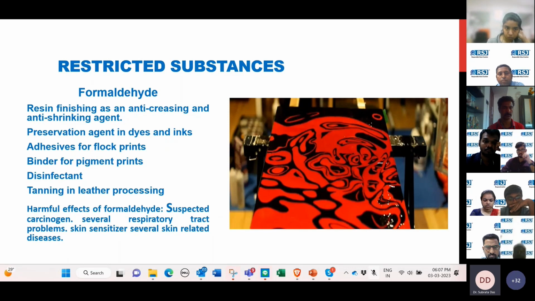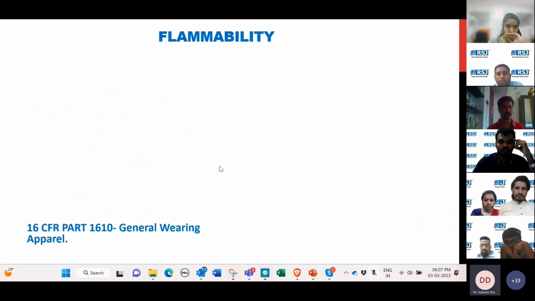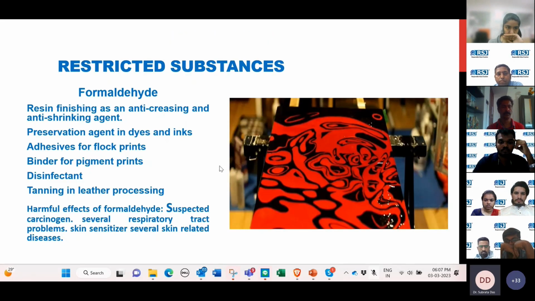It contains formaldehyde. But we cannot avoid it, because it is used as an adhesive in prints, as a binder in pigment prints, and in tanning in leather processing. So formaldehyde cannot be avoided.